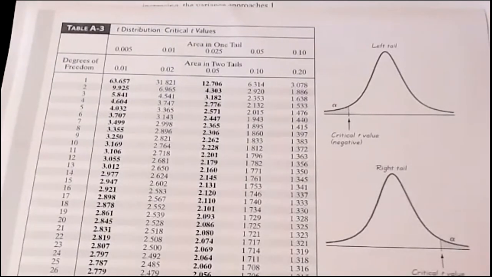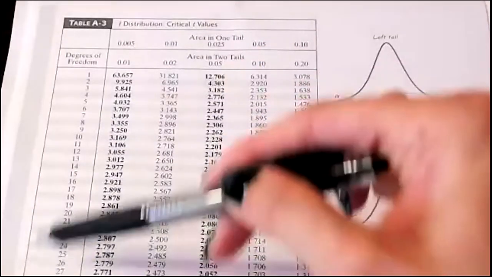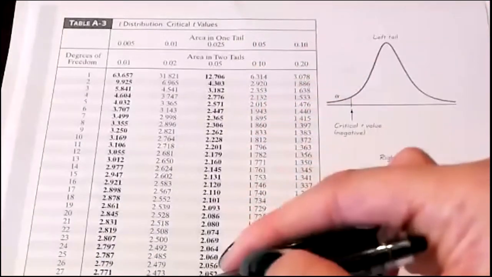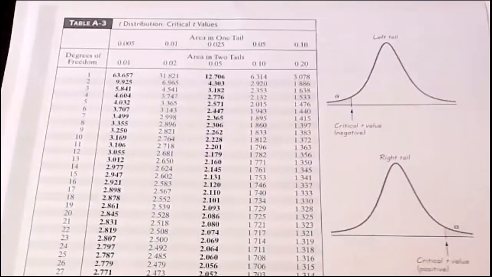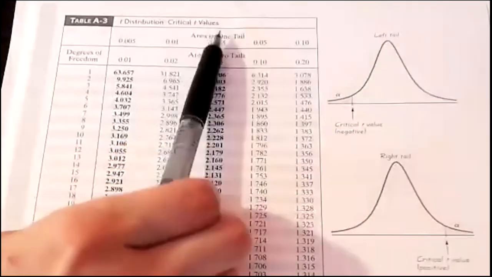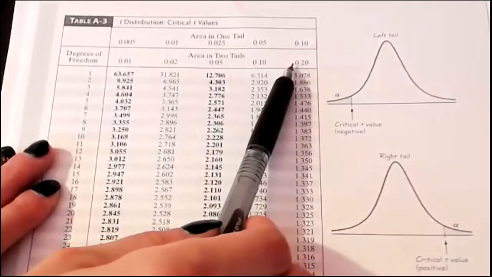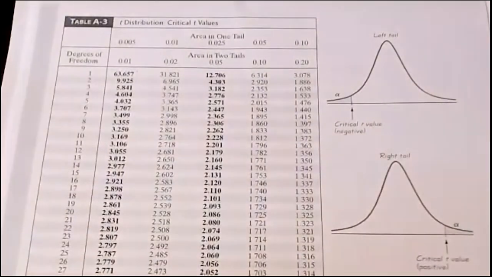You have the T table for your critical T values. Notice in this first column, you have your degrees of freedom. Then notice we have the columns referring to the area in one tail or the area in both tails. But this should actually make sense.